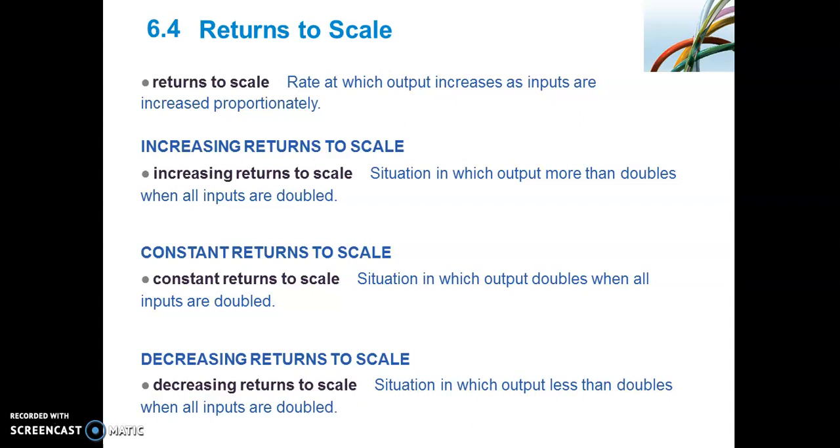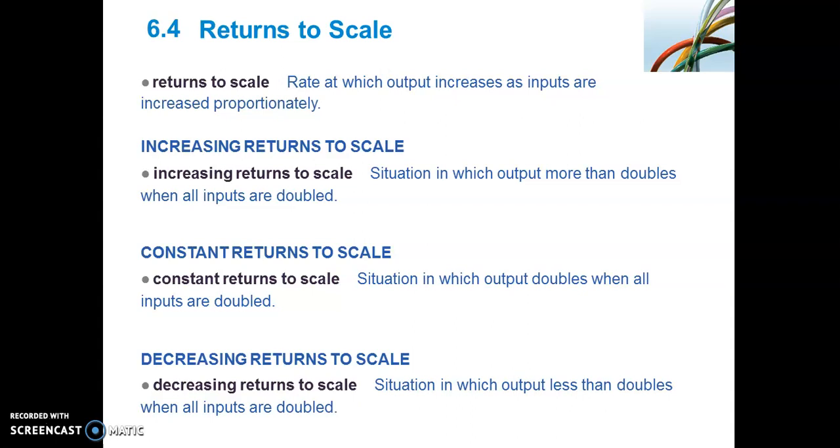Now, the last is your decreasing returns to scale, and that can be defined as a situation in which output less than doubles when inputs are doubled. So it's the opposite to increasing returns to scale. So here we are again doubling our inputs, we double labor, we double capital, but output doesn't double, it less than doubles.